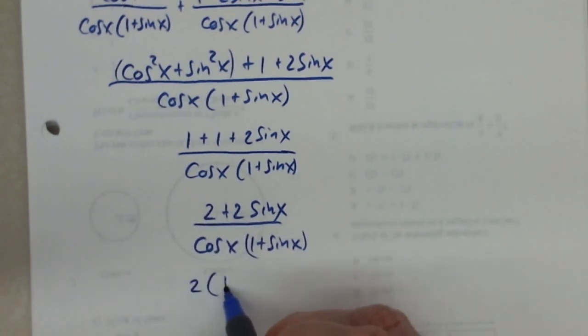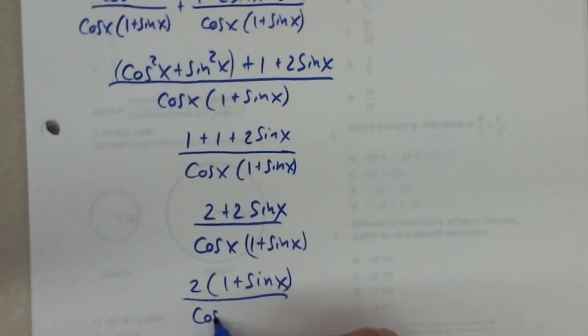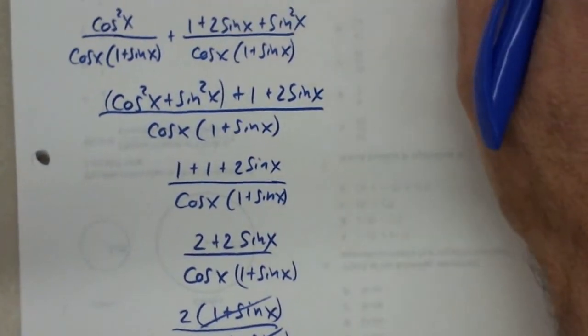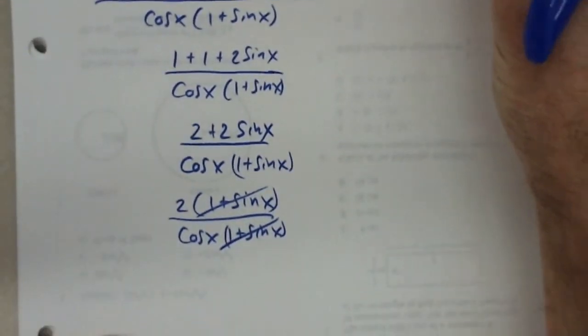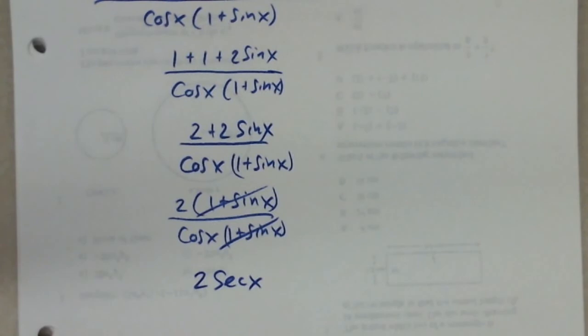Factor out a 2. Cancel. And we get 2 over cosine. We can also write 2 secant. So 2 over cosine is the same as 2 secant.